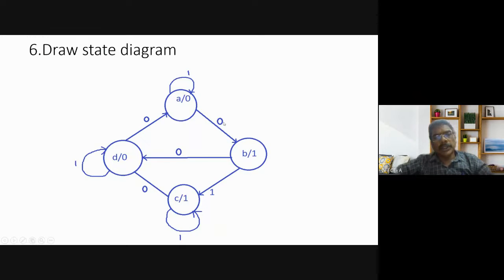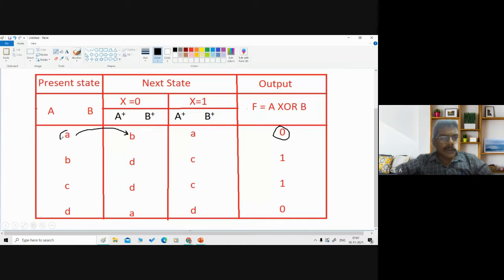Where is the output? For A, output is defined as A by 0. For B, output is defined as, sorry, B by 1, because here we have 1. Here also for C the output is 1.